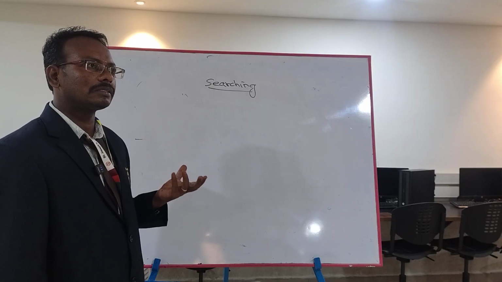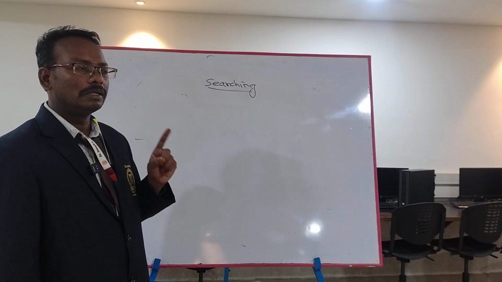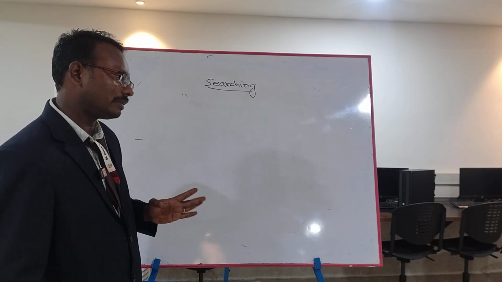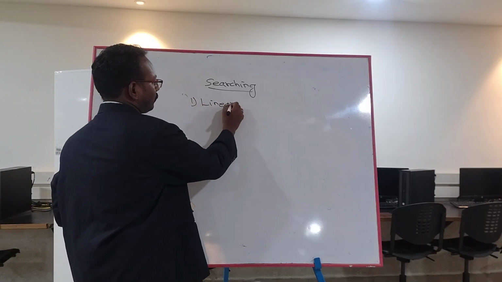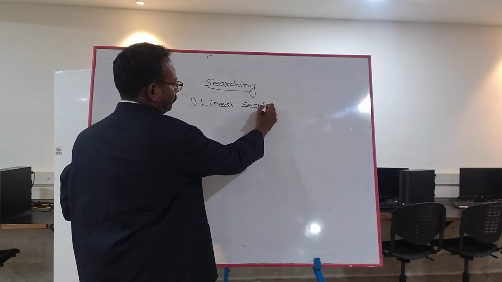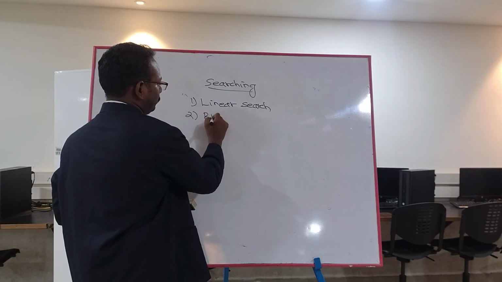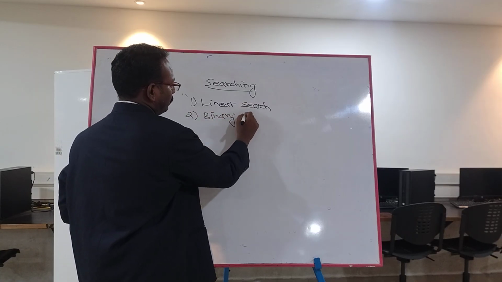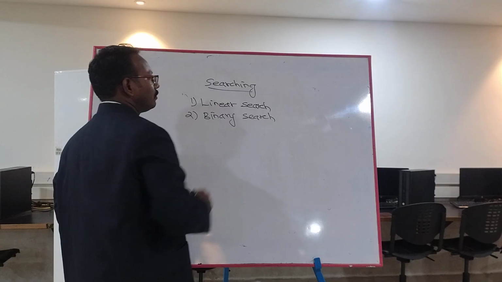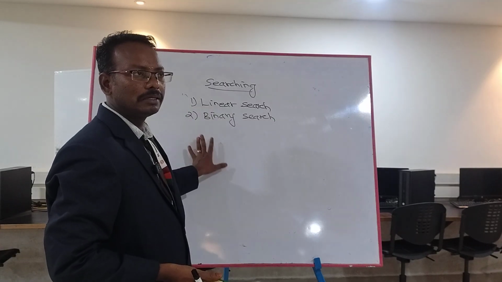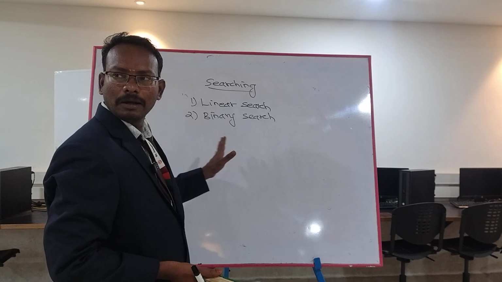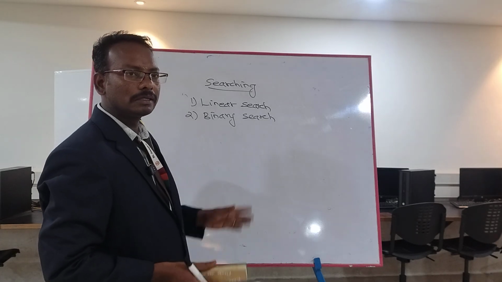In data structures, we have two types of search: one is linear search, and the other is binary search. In linear search, it will compare elements one by one.